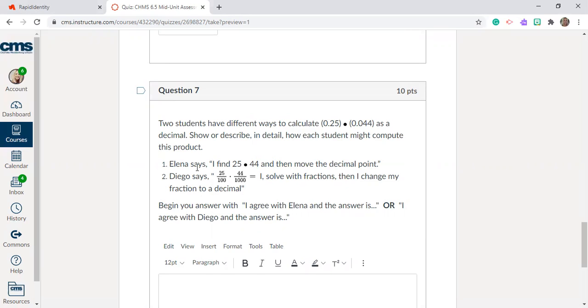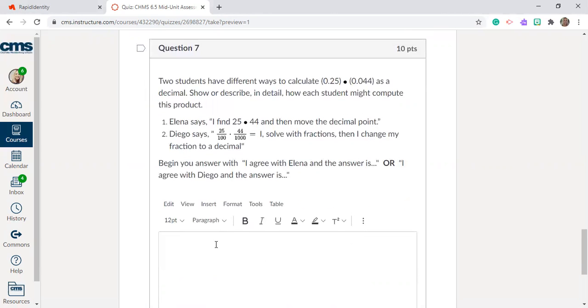Diego says, 25 hundredths times 44 thousandths equals, I solve with fractions, then I change my fraction to a decimal. Begin your answer in the text box with, I agree with Elena, and the answer is, or I agree with Diego, and the answer is.